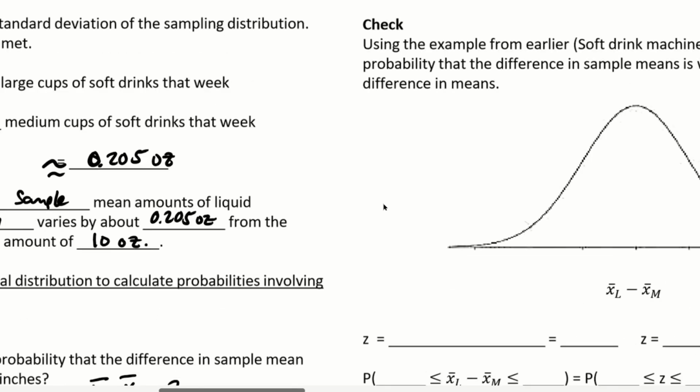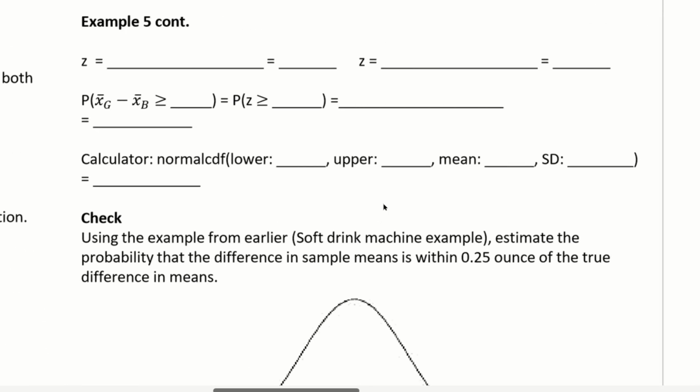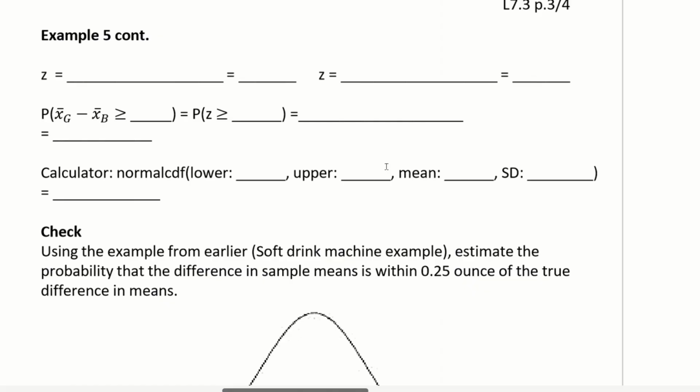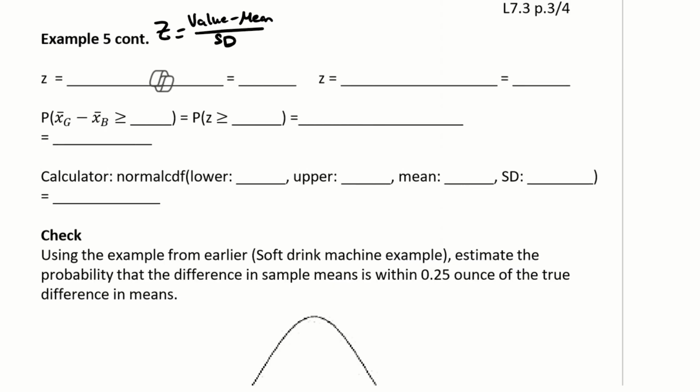Let's continue in order to calculate the z. For this part, we're going to show you the formula for calculating this. We need to recall that z is value minus mean divided by standard deviation. So what is the value?